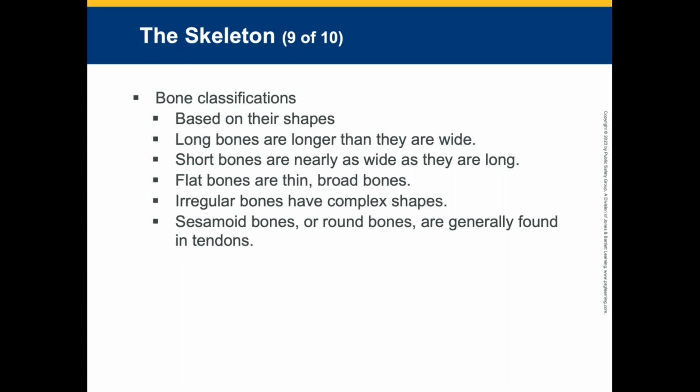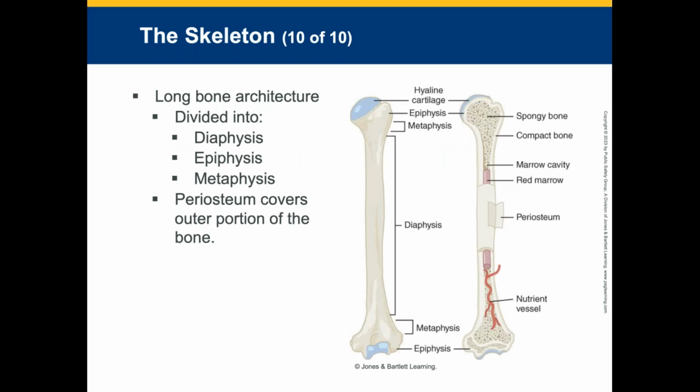So let's go a little more into the bone architecture. The bone architecture of this here would be divided into the diaphysis, epiphysis, and metaphysis. So we talked about the bones a little bit more in detail before. This area where two bones come in contact to form a joint is covered by a thin layer of articular cartilage.